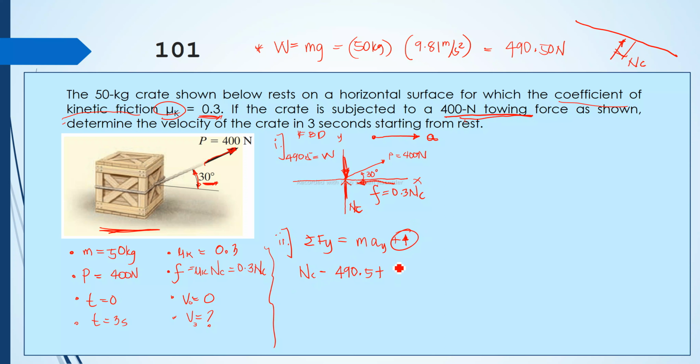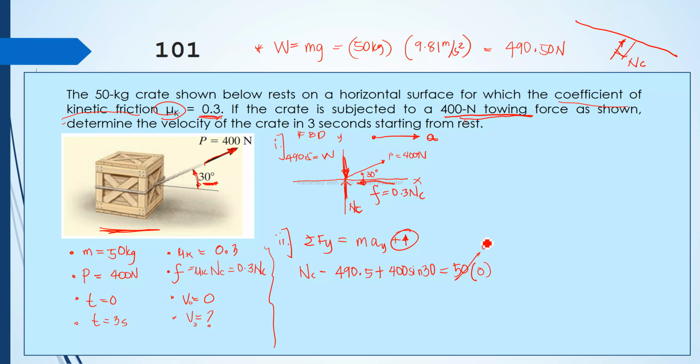And we have the y component of our force P, that is 400 sine 30, equal to the mass times the acceleration along y, 50 times the acceleration along y. We know that the object is moving towards the right and not up or down. Therefore, the acceleration along y is 0 because the object is not moving along y.